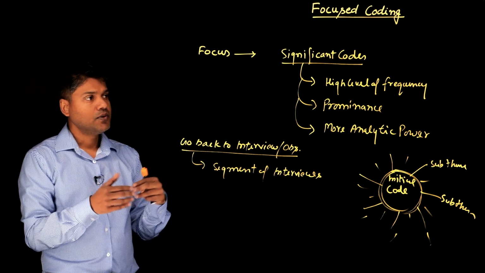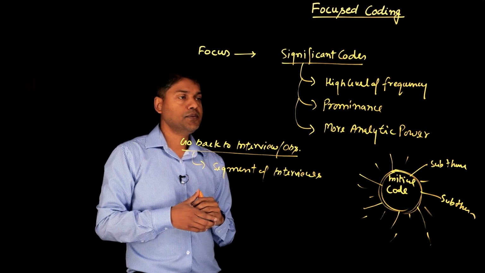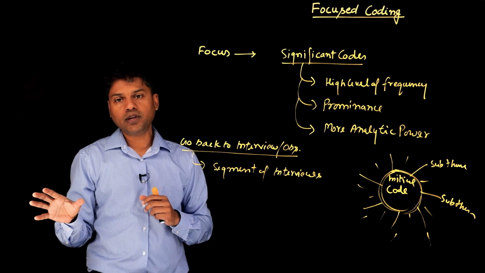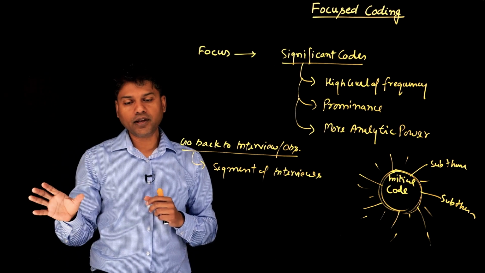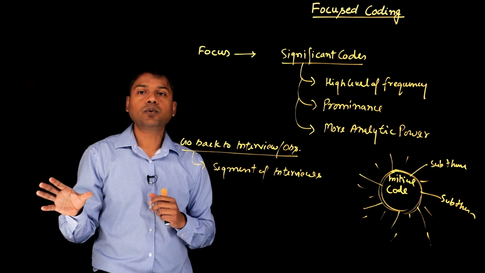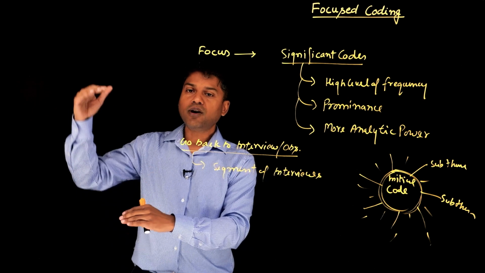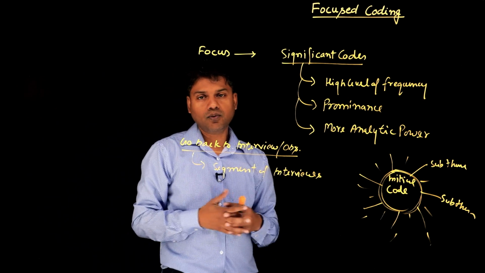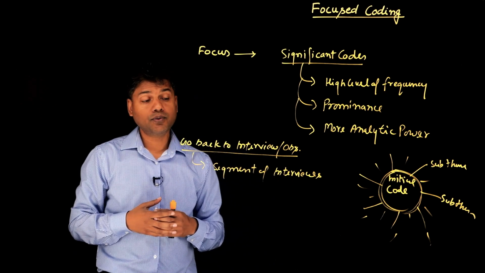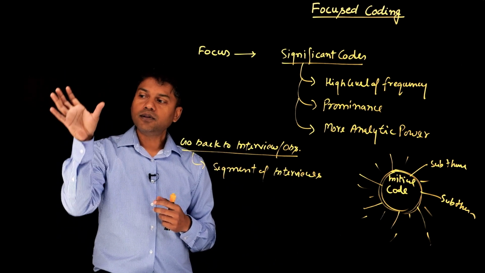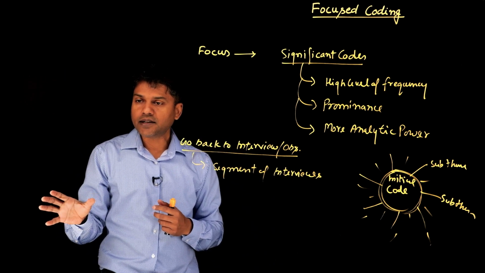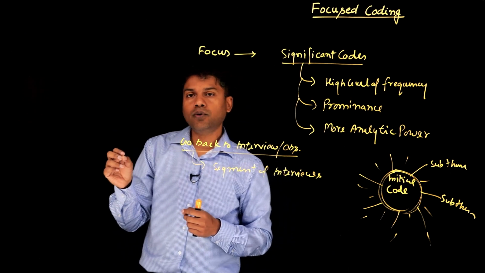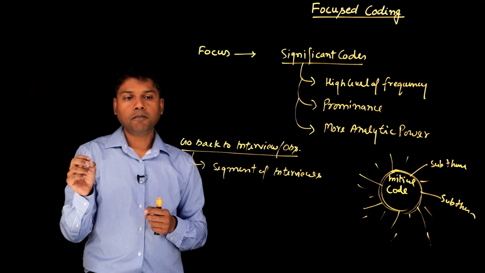Let's recap it again. In focused coding, we have the initial codes that we may have got from open coding. As you know, initial coding always produces a larger number of codes. In one study, you may have 30 codes, or 25, or 40. Then you look at all these initial codes and ask yourself: what are the codes that have more power to explain the phenomenon?